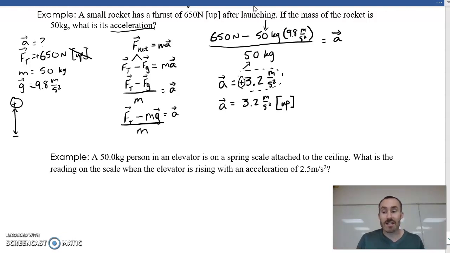What I've actually said is negative down, which is up. I didn't intend to say up. And so I always ask that you translate your positive or negative sign into the direction. So notice that I did not put a positive or negative sign in front of the 3.2. I translated that into the direction.